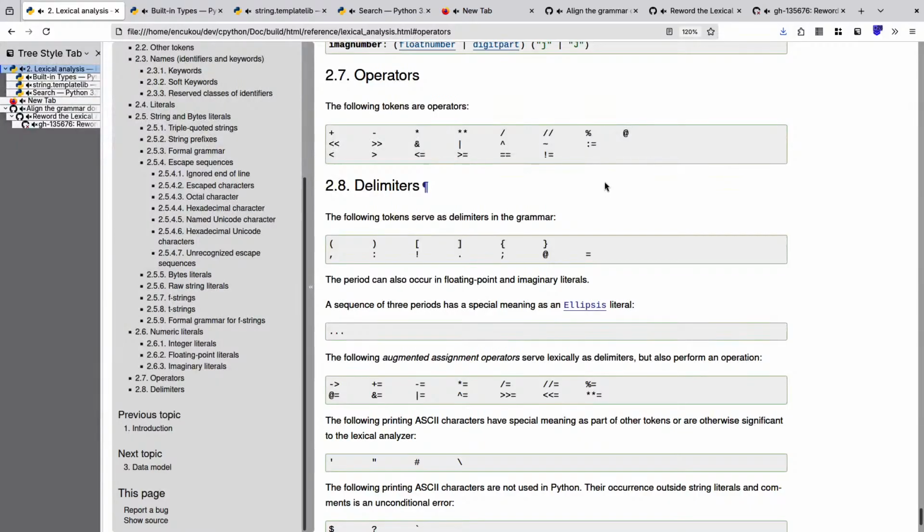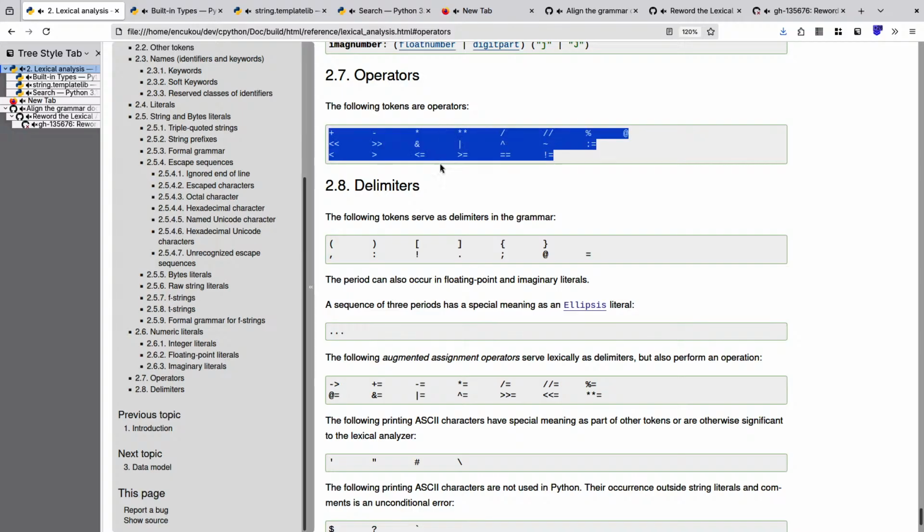So, is this a function of the new grammar? I actually don't understand why we've... If you look at the augmented assignment operators in 2.8, it says these serve lexically as delimiters but perform an operation. Did there used to be a difference between the two? I just don't know here. I think it's just the way they're used. You can stick operators between two expressions to make a bigger expression.